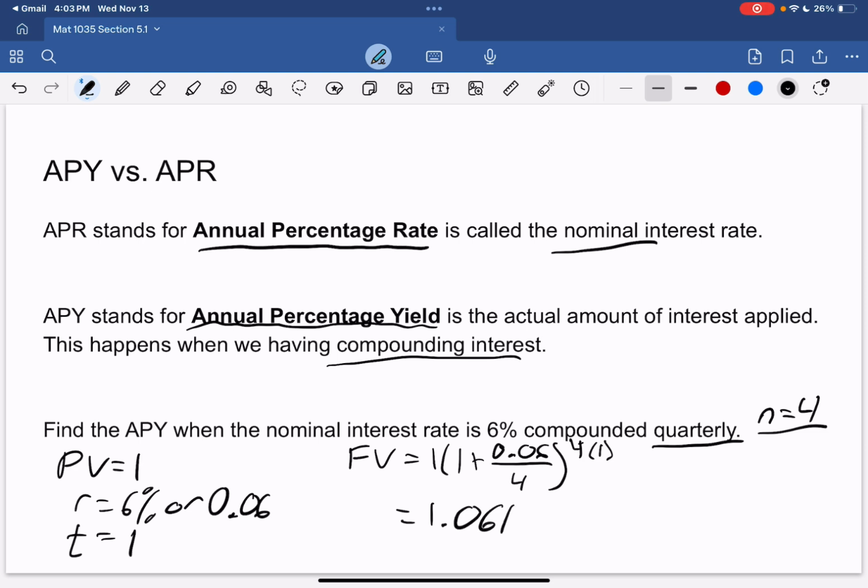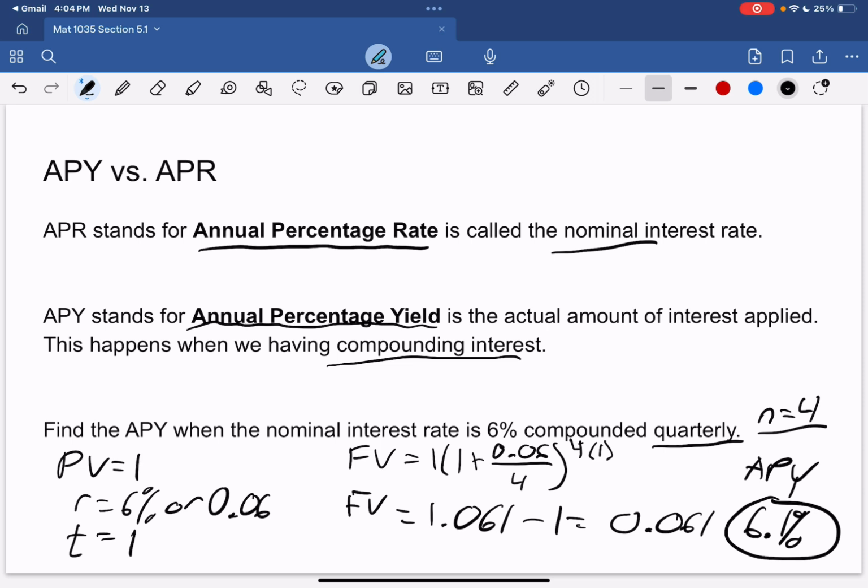Okay, that is my future value. Similar to the one earlier where we just wanted to find the interest that was drawn on it, I can just subtract off the original value. So I'm going to subtract 1 here. That leaves me with 0.061, or 6.1%. So this is my APY.